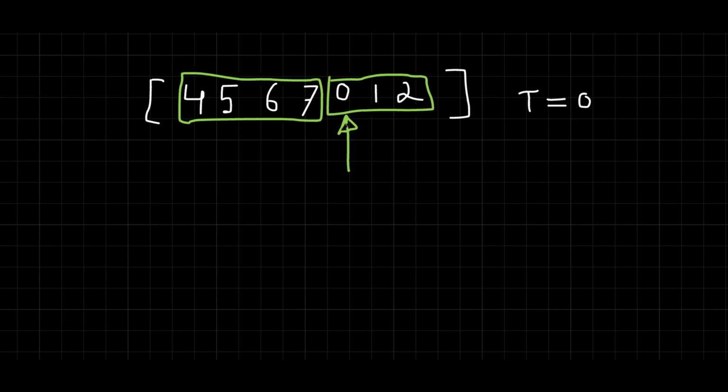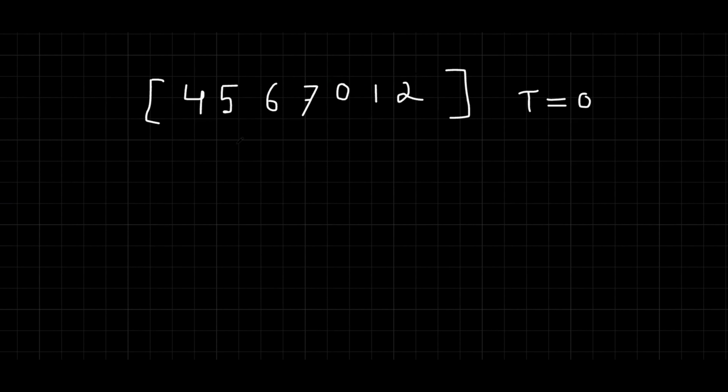Now, how can we apply the binary search algorithm? In binary search, we will take two pointers, one is left, another is right. So far, so good. Now, we will take another pointer, which is m, mid. Now, at first, we have to check in which subarray the mid belongs to.